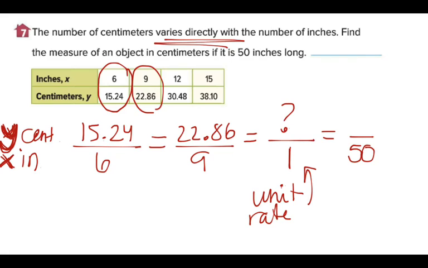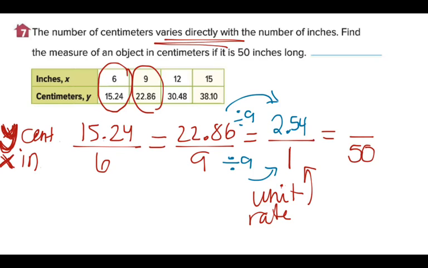what I can do is I can say, well, I need this number to become a 1. So if I divide 9 by 9, it becomes 1. So just simplifying fraction process, if I divide 22.86 by 9, I will get 2.54.